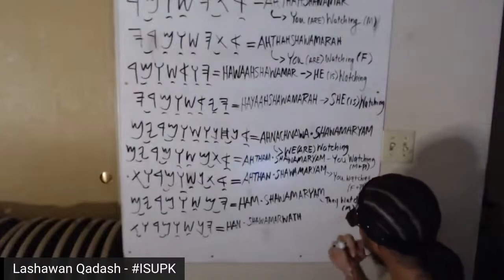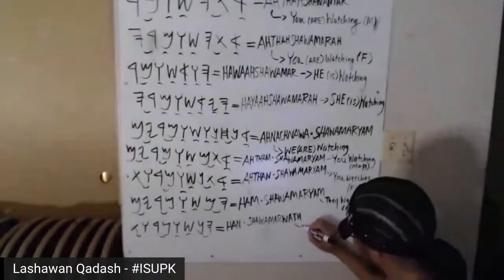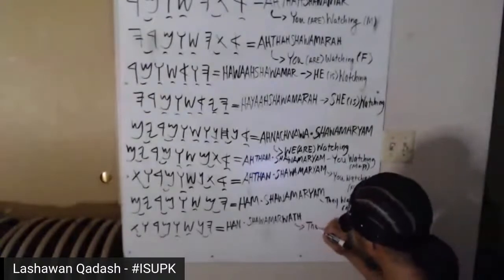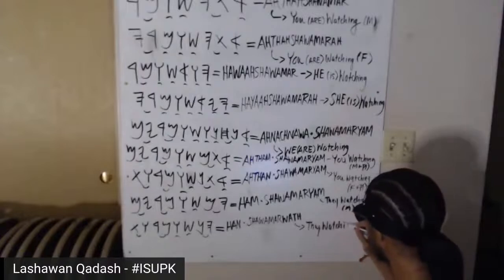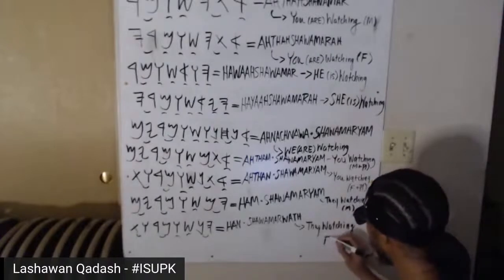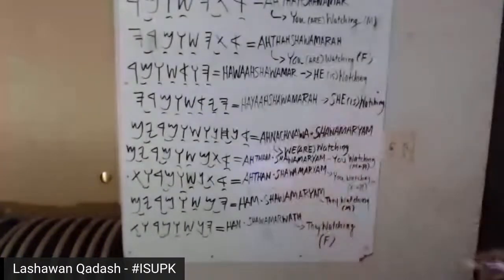So if you know, for example, Slocky, of course what it means is they are watching, they're watching, and this is going to be feminine, okay? So let me talk real quick and let y'all know. The reason why it says wa is because that's feminine, okay?